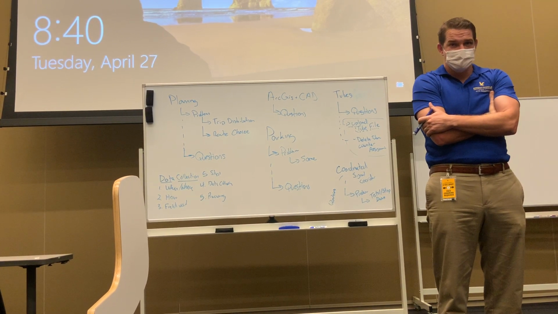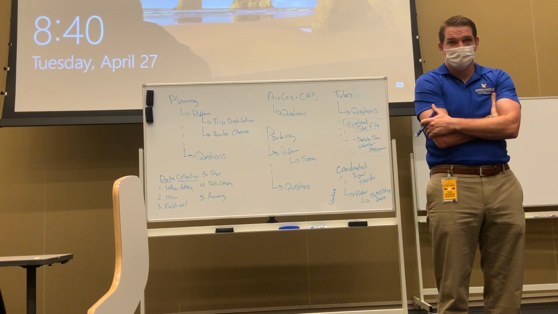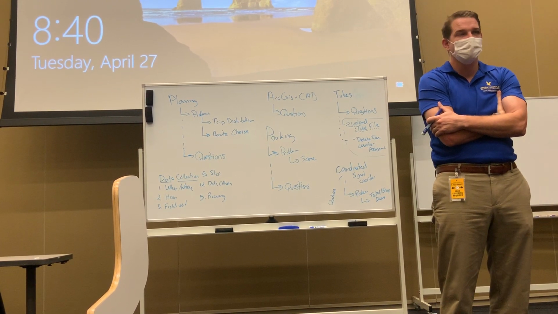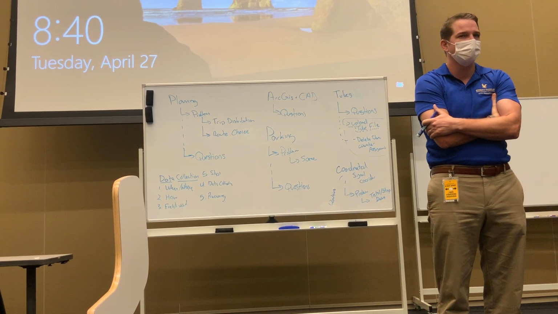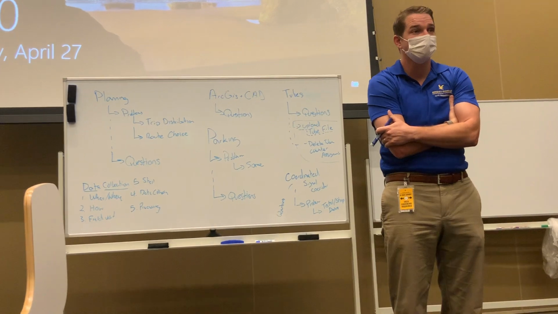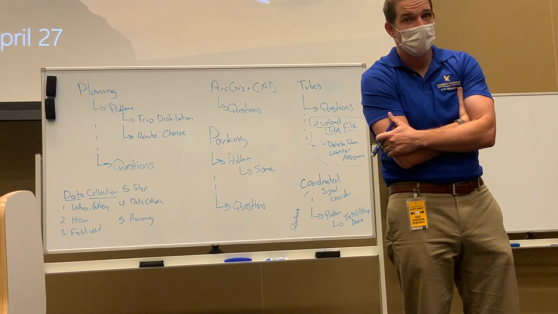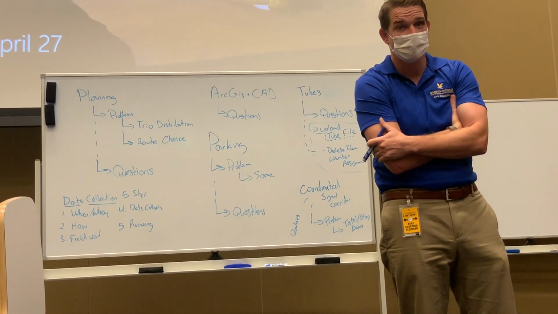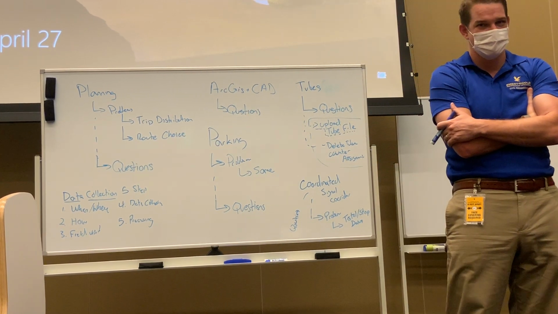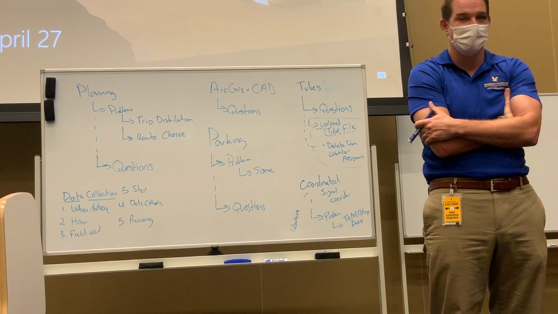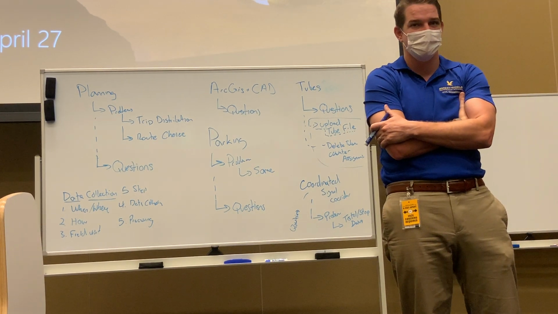Okay. Any questions? Yes, sir. Could you give an example of what a tube question would be? How would you identify vehicle classification from a tube? Distance between the axles. Okay, how do you get the distance between the axles?